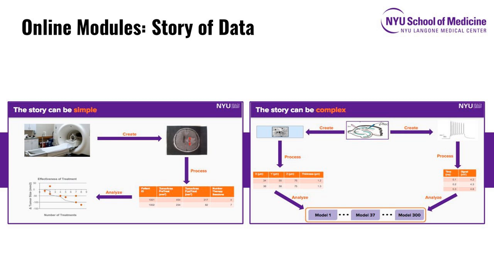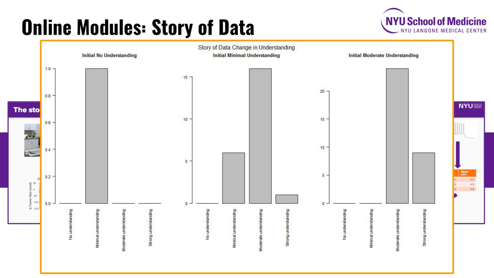I'm going to go through each module, but basically it was pretty similar across the modules. There were only a handful of people who identified themselves as having no understanding of the material before the module, one or two at most per module. The number of learners that we piloted with was a total of 67, but only 29 made it through to the final module.